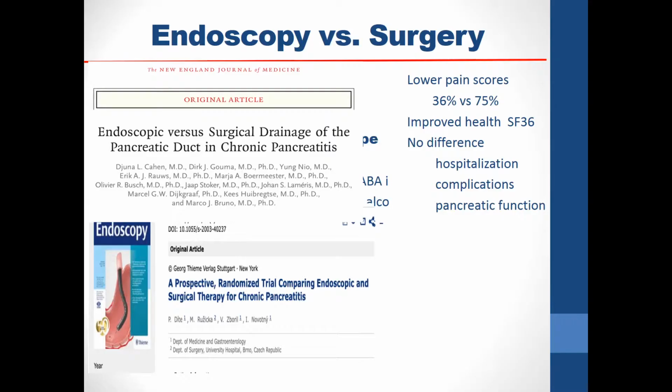And it showed a lowered pain threshold, approximately double that of endoscopy, with overall improved health on an SF-36 form. And there was no difference seen in hospitalization, complications, or pancreatic functions. So for at least the last 10 years, there's very solid data to show that surgery is superior to chronic endoscopy.